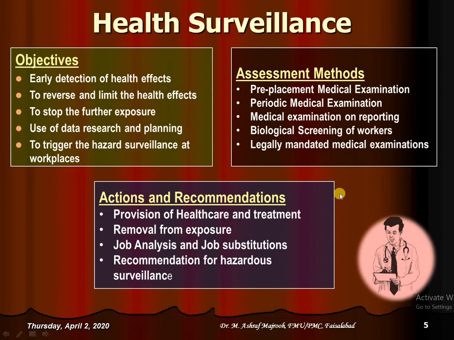Then action and recommendation: the provision of healthcare and treatment, removal from the exposure, job analysis and job substitution, and the recommendation for hazard surveillance. So these are the actions and the results pertaining to health surveillance. By using health surveillance, these actions can be recommended.